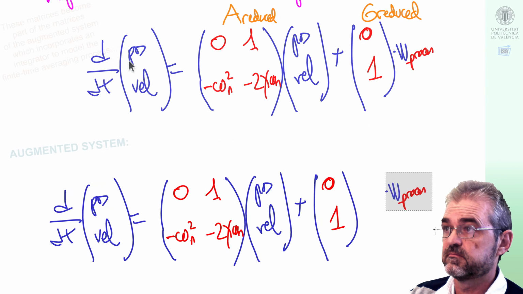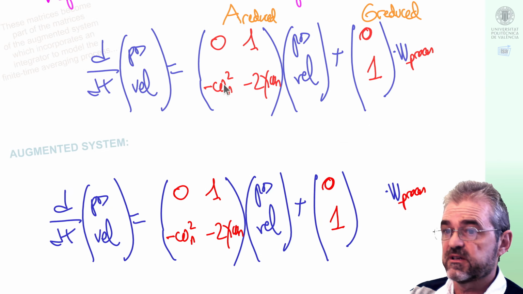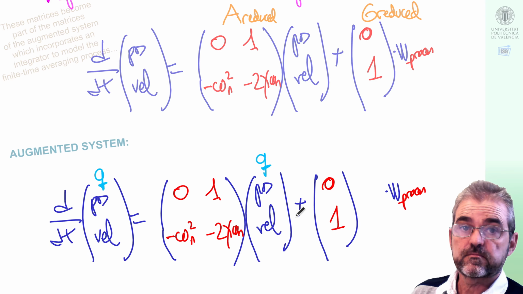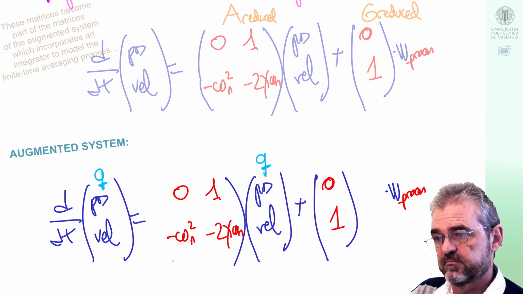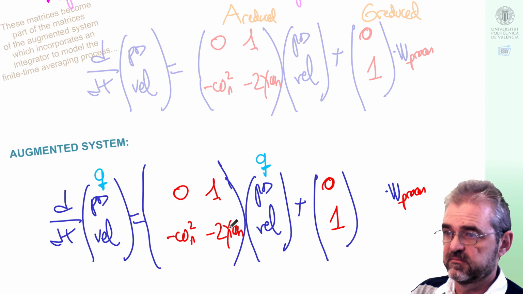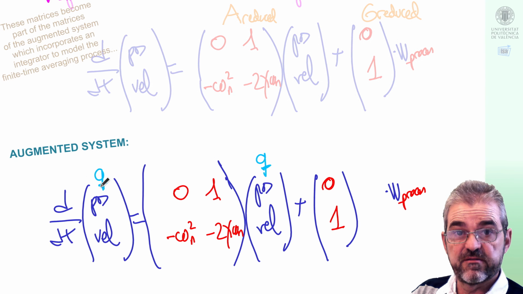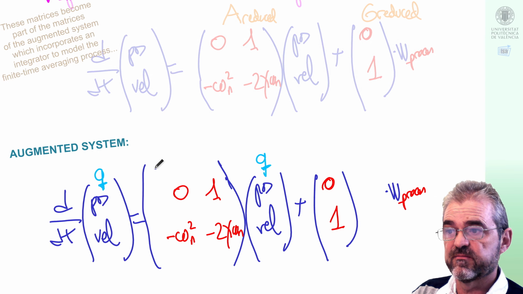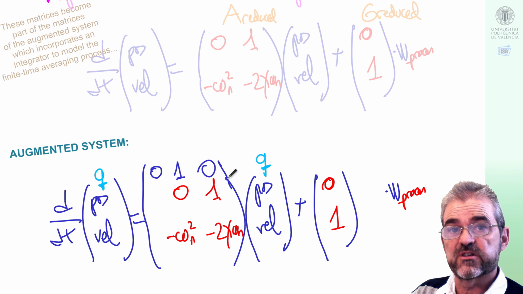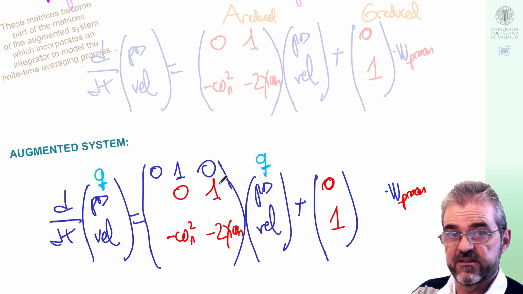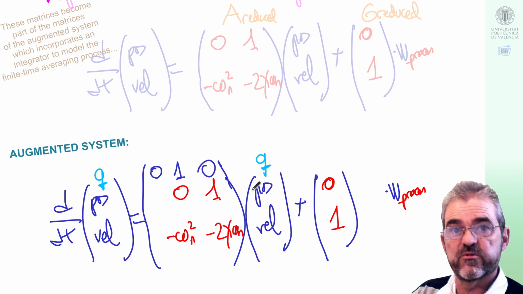in which my integrator state will be named Q, and then matrices must change. Basically, saying that the derivative of the integrator state will be the position, because I will do finite time averaging of the position I wish to measure.